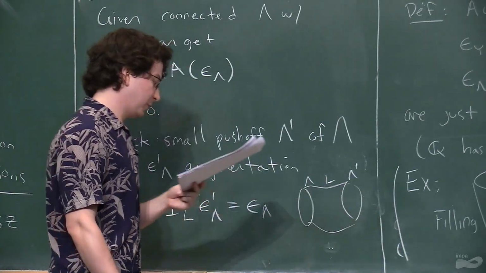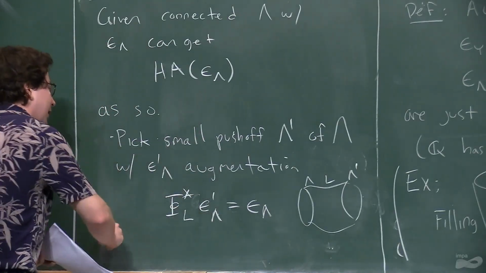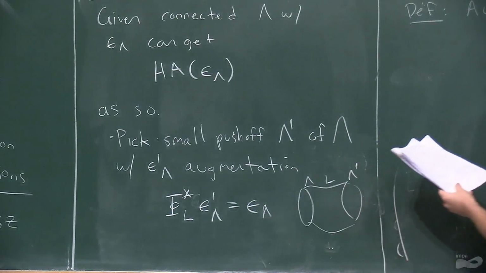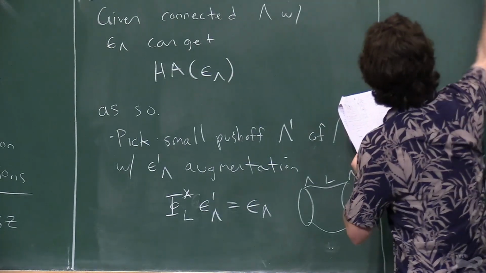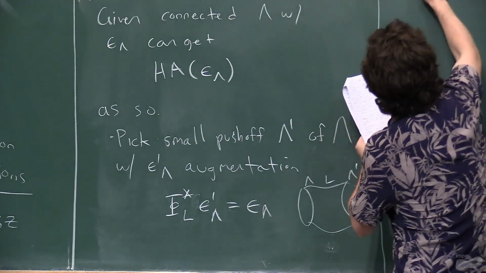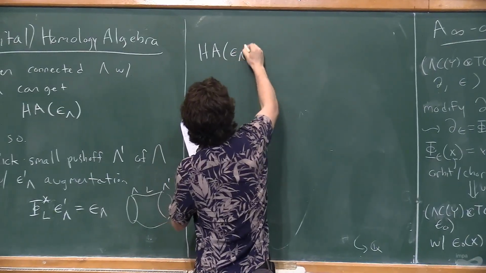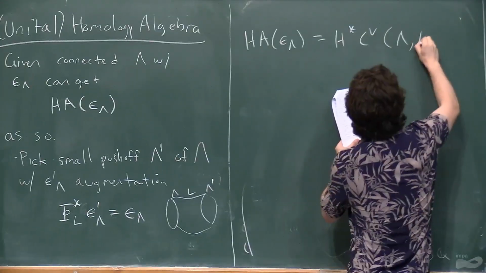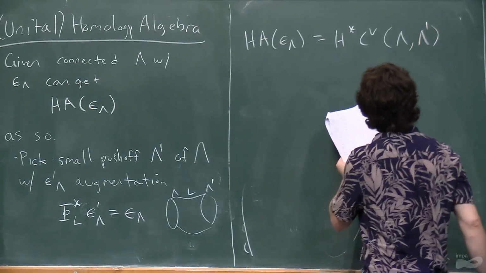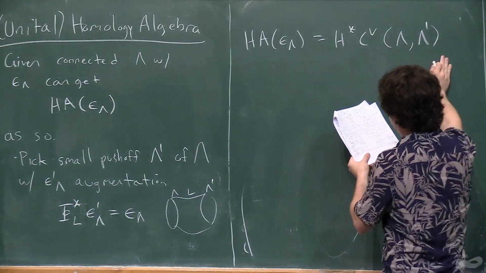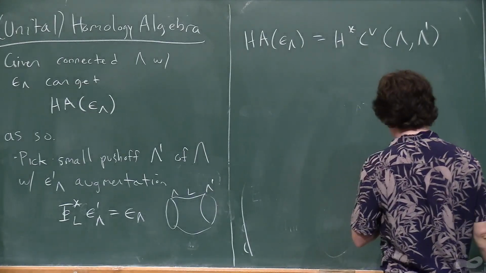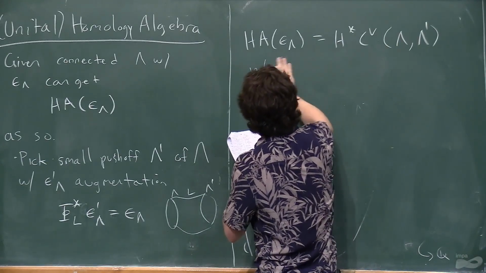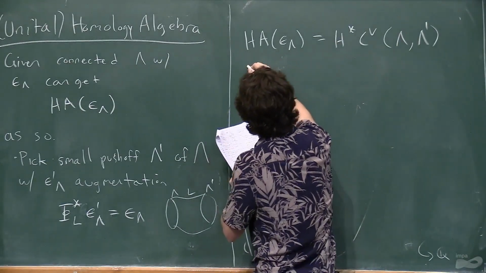some augmentation on here. Okay, and now to define the Hom spaces, or define the algebra complex, the homology algebra of the augmentation is just the cohomology of this graded part of this sort of dual DGA of the link, where we equipped the original DGA with the diagonal augmentation.